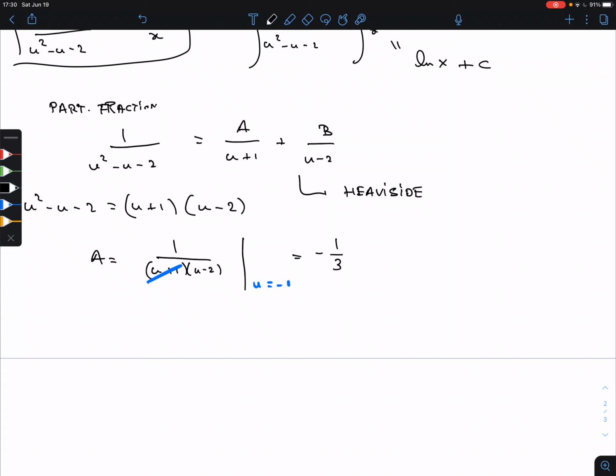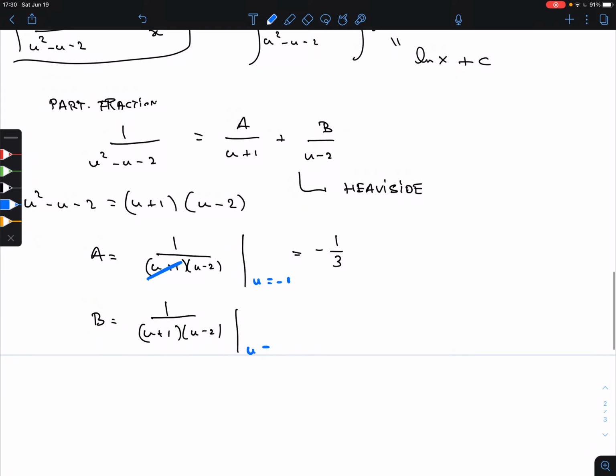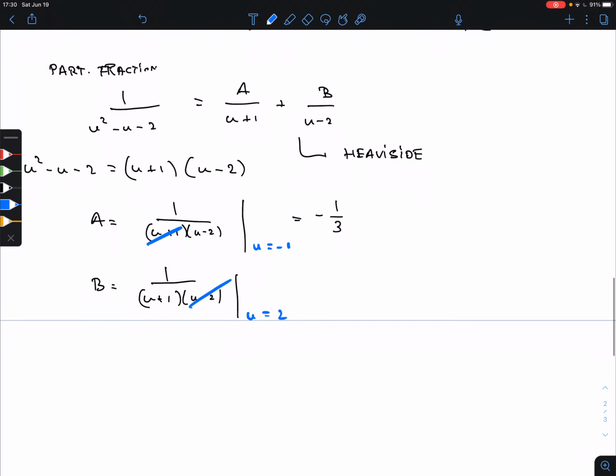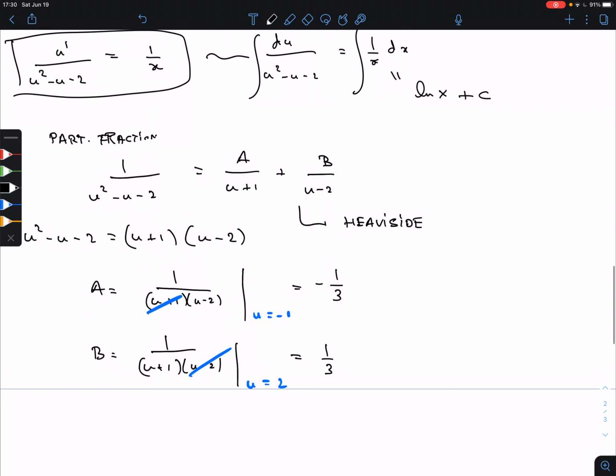And what about b? b is 1 over u plus 1 times u minus 2. Now we plug in u is 2, and we scratch this one out, and I get 1 over 3. So we get minus 1/3 over u plus 1 plus 1/3 over u minus 2.